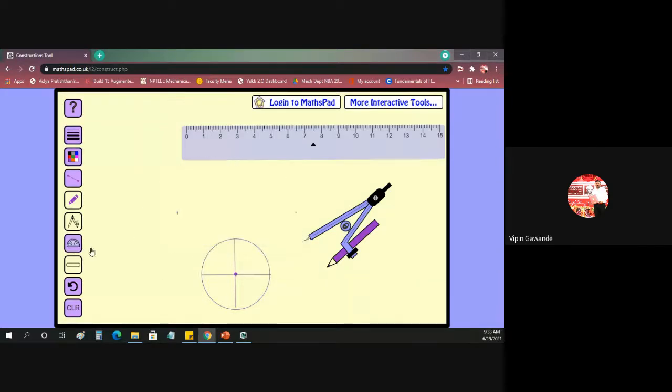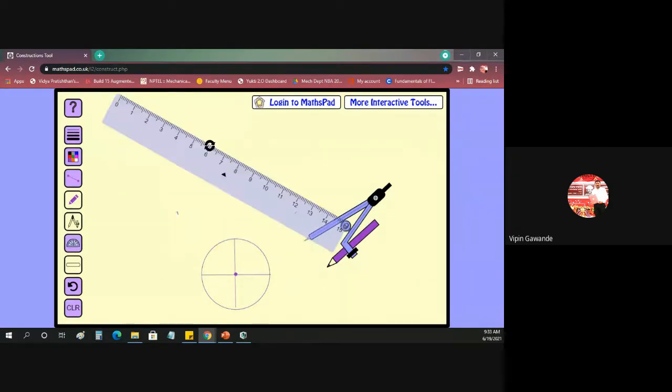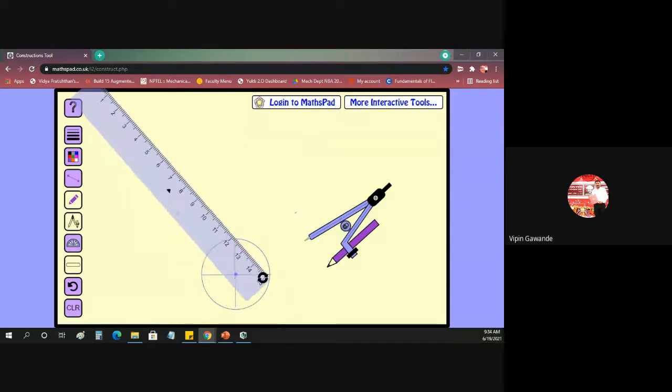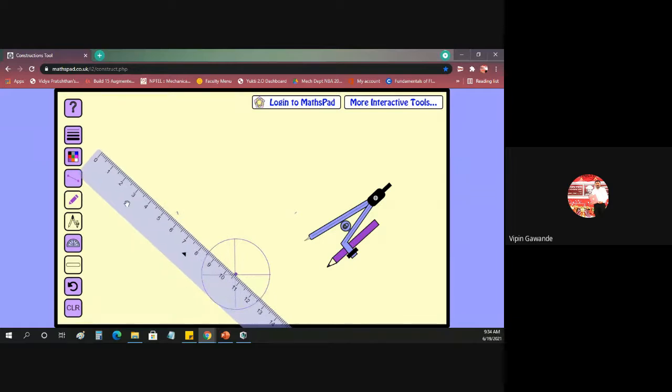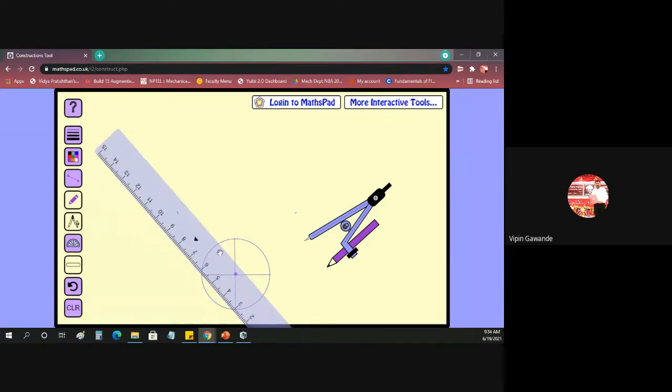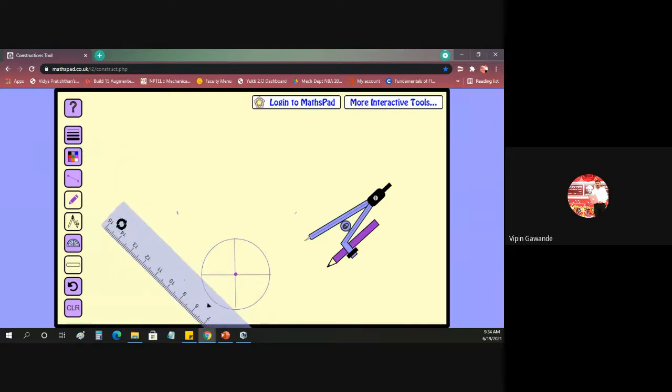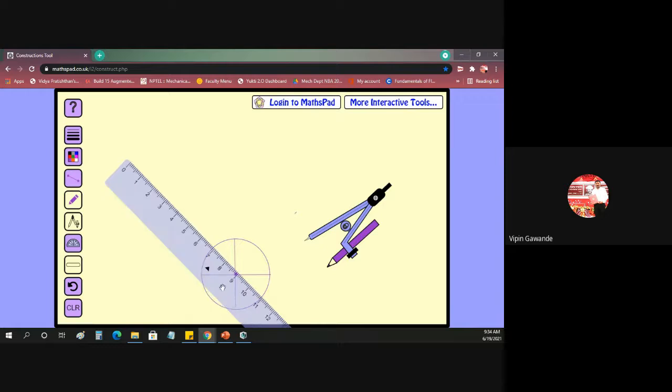Just draw the 45-degree angle lines and your circle will be divided into 8 parts. It is very easy to draw. That means we construct using 8 divisions. You can take 12 divisions also, and you will get more points there.